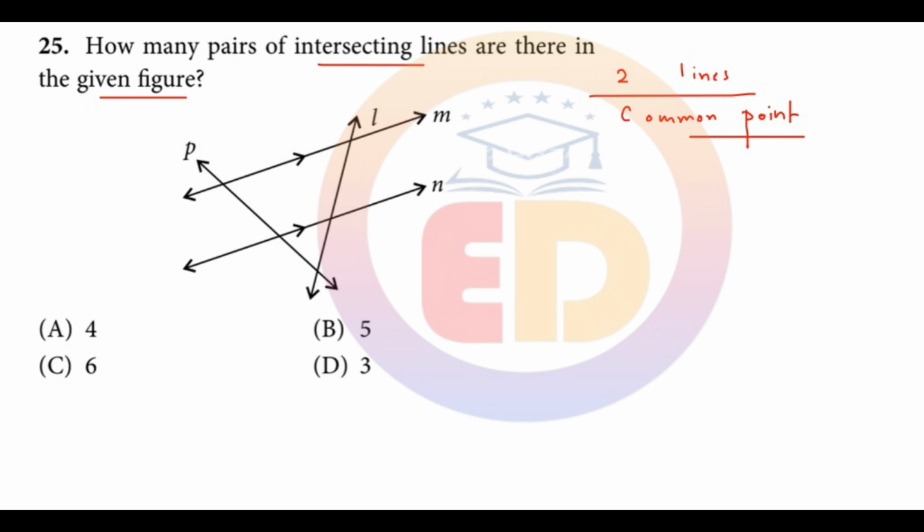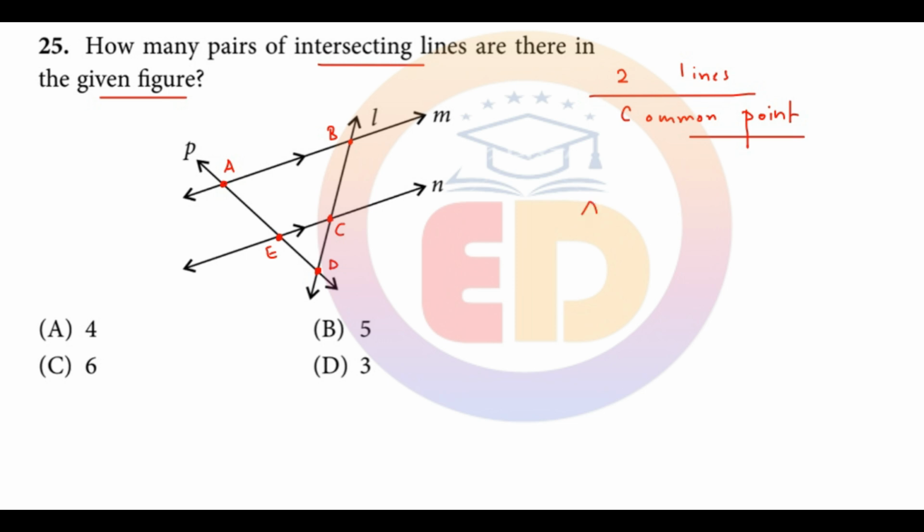So I see the point of intersection is here. Let's name them. I'll name this as A. This is another point of intersection of two lines. This is point B. This is another point of intersection of two lines. This is point C. Let's name it. This is point D and this is point E. So I have 5 points of intersection, and let's look at what are the lines at different points of intersection.